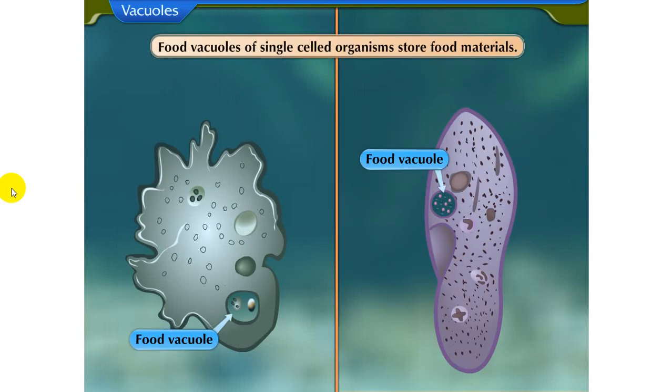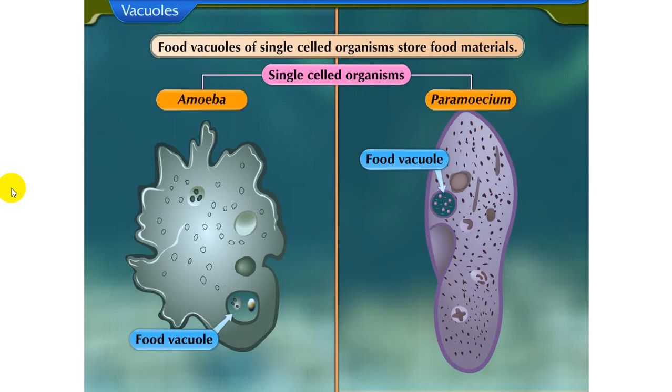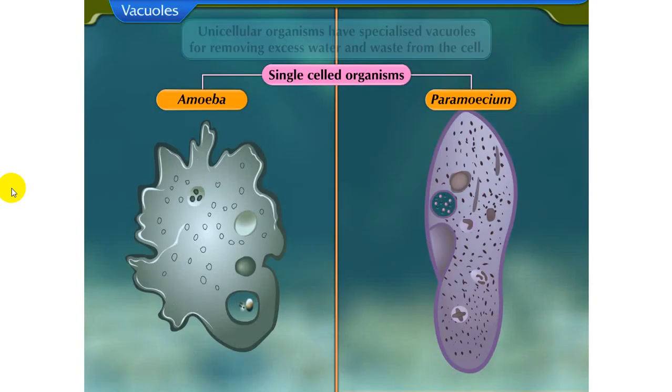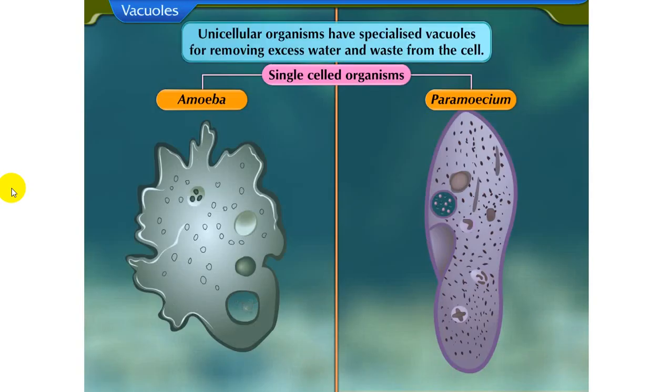Food vacuoles of single-celled organisms like amoeba and paramecium store food materials that the animal has consumed. Some unicellular organisms have specialized vacuoles which help in removing excess water and some waste from the cell.